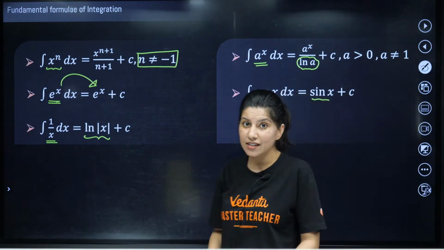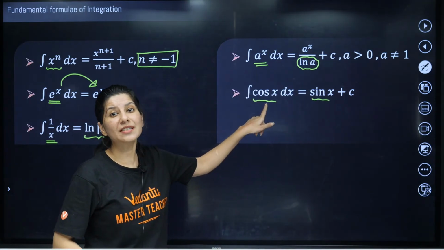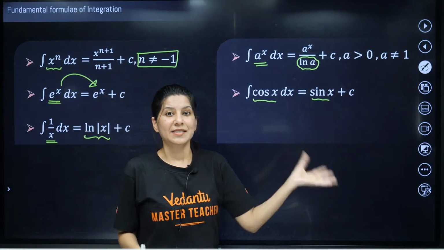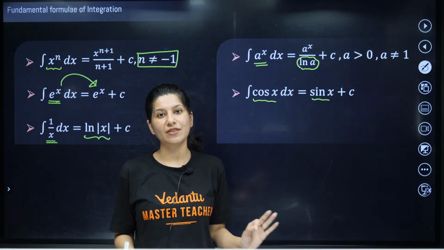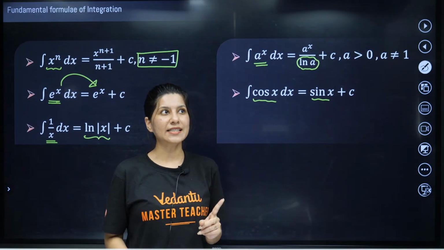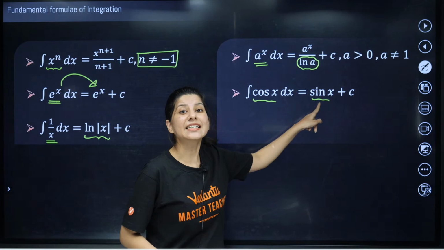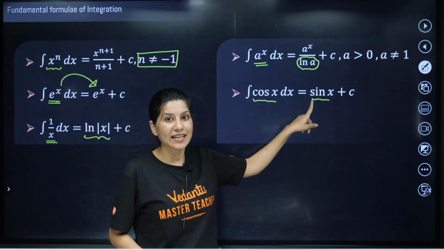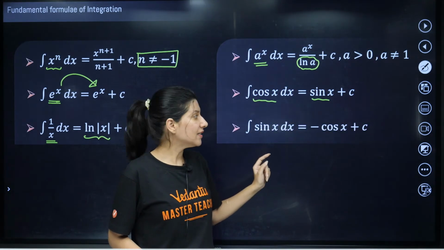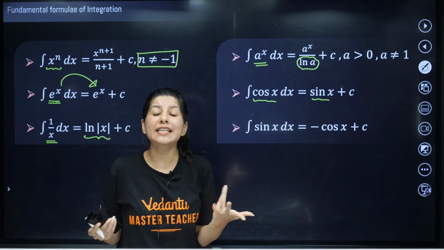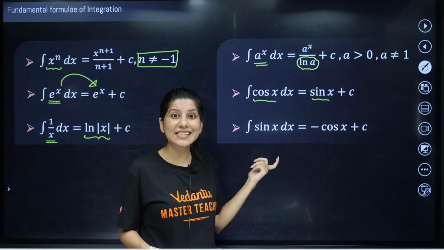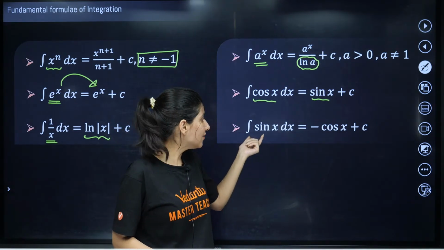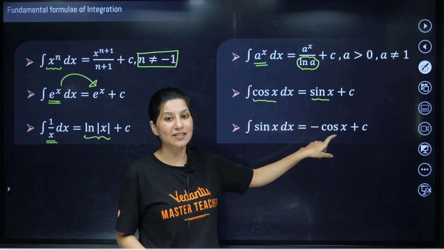Now understand, this might create a lot of confusion in some people, because we get confused with integration and differentiation very often. The derivative of sin x is cos x. So the integration of cos x will be sin x. Similarly, the derivative of cos x is minus sin x, so the integration of sin x will be minus cos x.